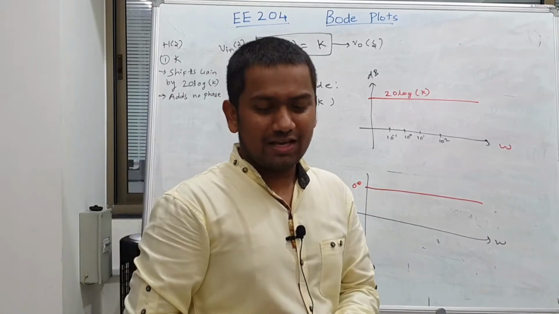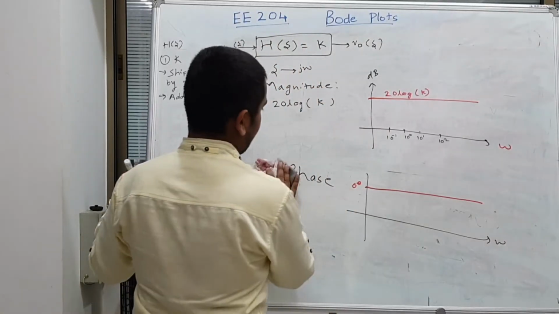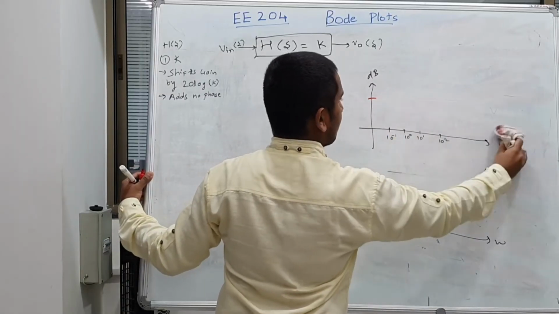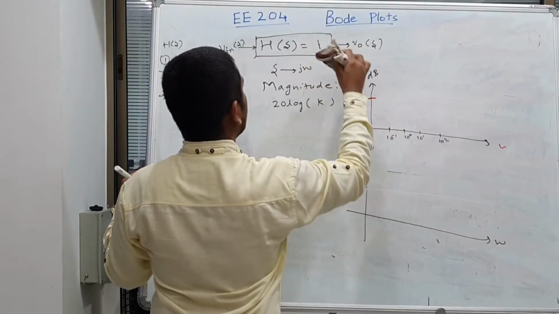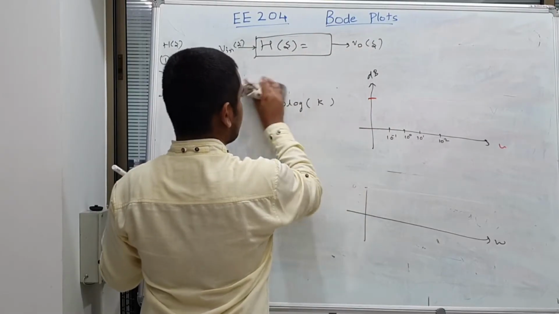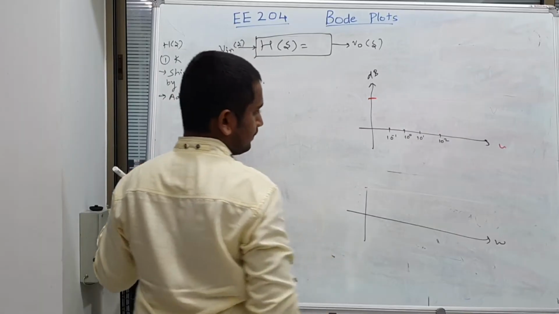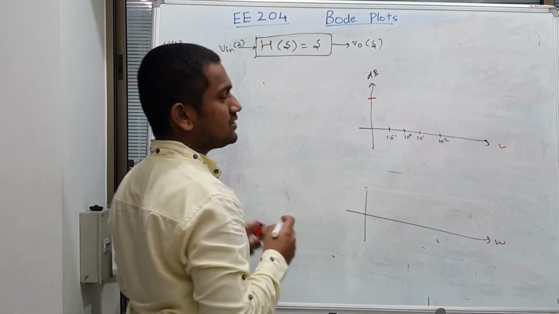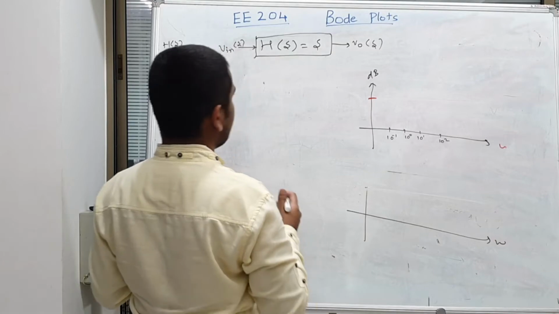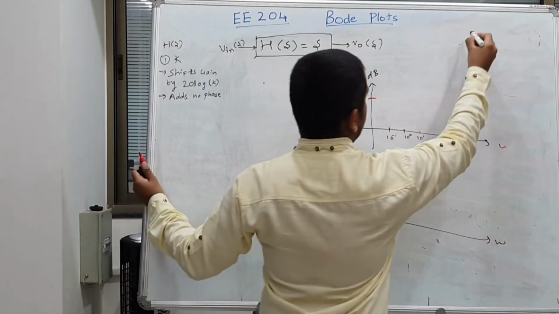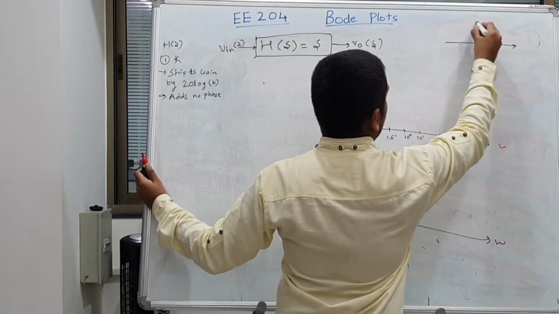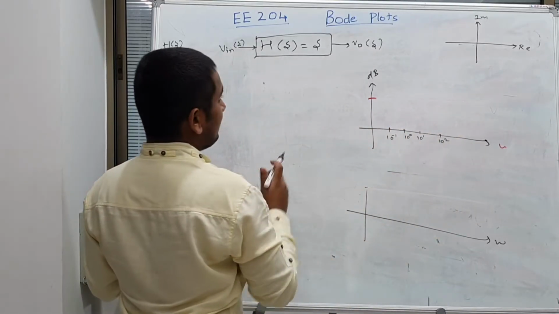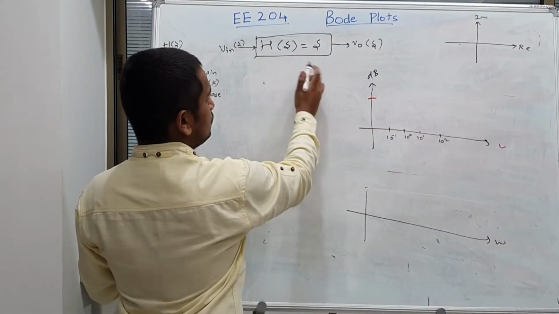Now let's look at H of s which is dependent on s. So if H of s is equal to s, it means that in s plane, if we look at real axis and imaginary axis, and when we put s is equal to 0, H of s goes to 0.